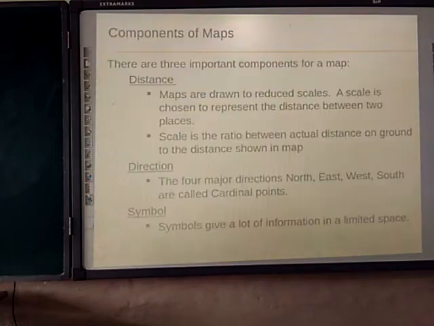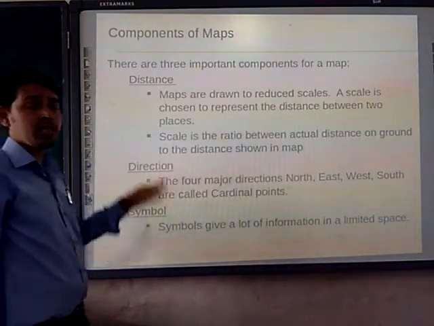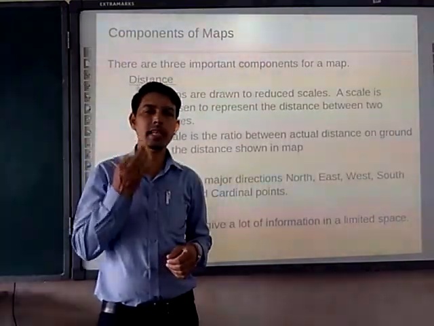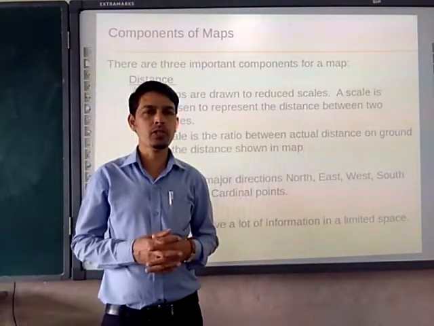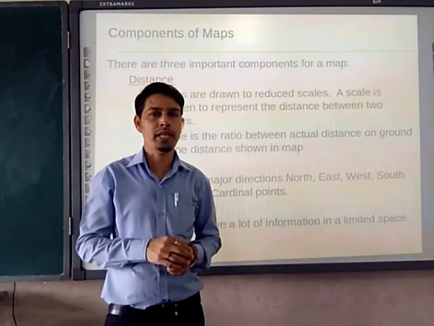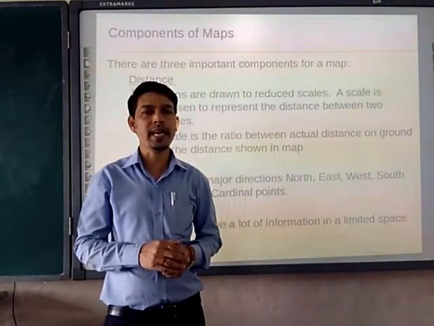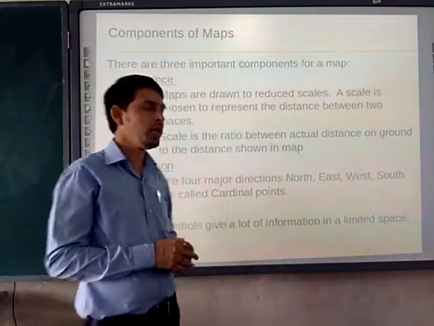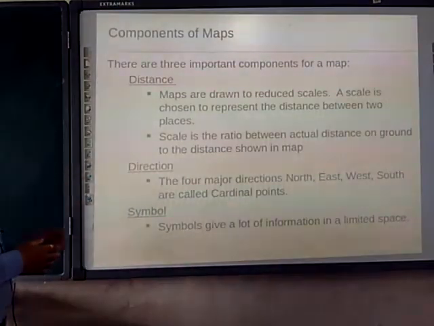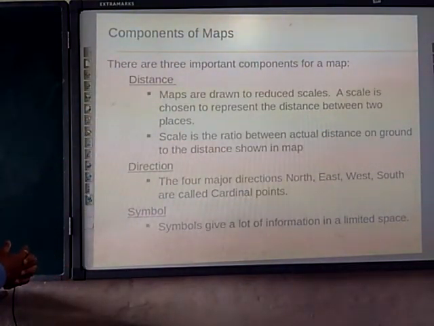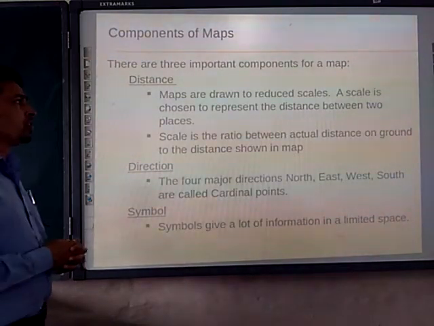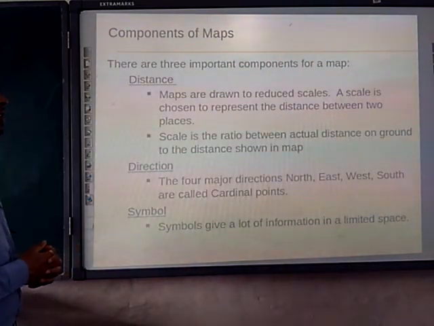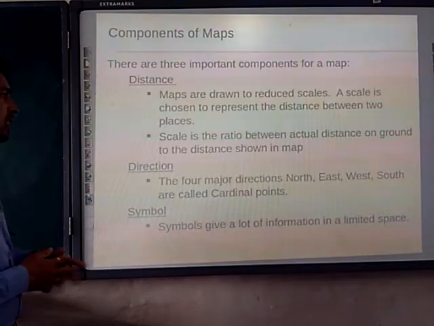Moving further, components of a map. As in this chapter we are seeing the three types of map, the map also has three components, right? Distance, direction and symbol. First, we are going to have a topic on distance. Maps are drawn to a reduced scale. A scale is chosen to represent the distance between two places.